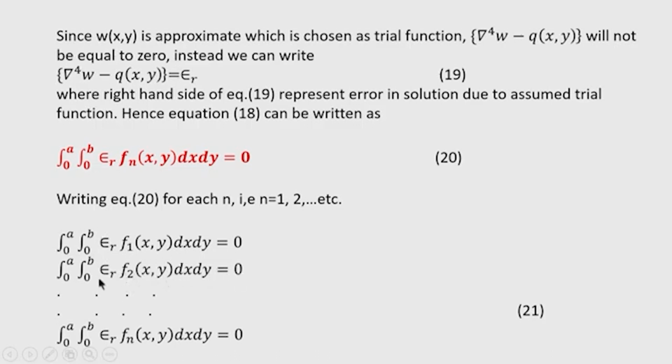So, n number of equations can be formed using the Galerkin principle, and each will be a linear simultaneous equation with unknown coefficients a 1, a 2, a 3, etcetera. By solving these equations for the unknown coefficients, we can obtain the deflection surface completely. So, this is the Galerkin method.